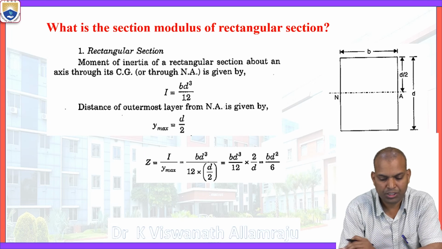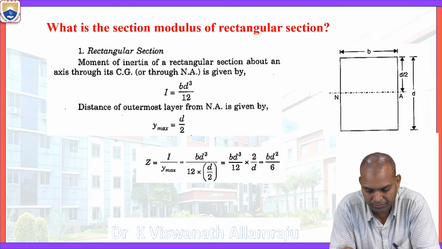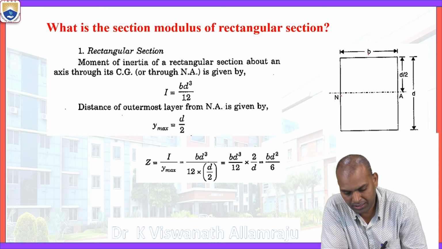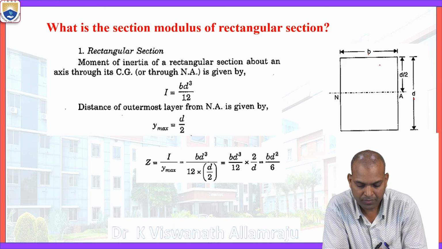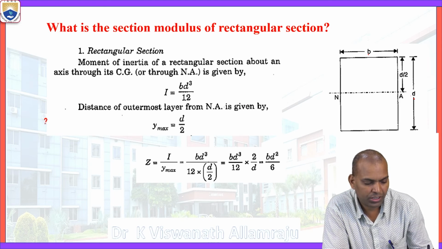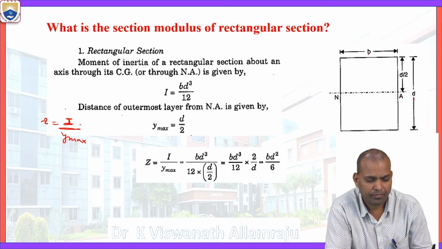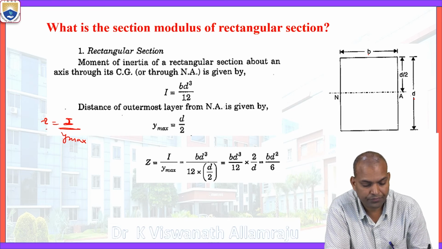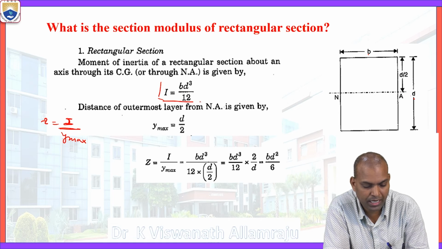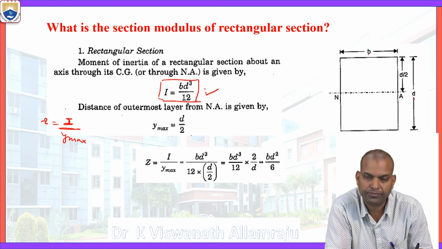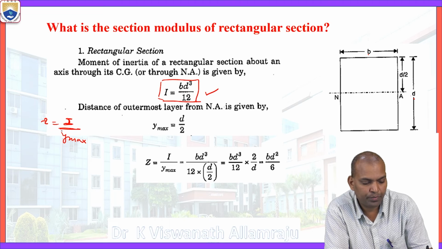If you consider the section modulus of a rectangular section, the width is b and the depth is d. The formula for section modulus is I by y max. This I is the area moment of inertia for that section about the neutral axis, b d cube by 12. I equal to b d cube by 12.